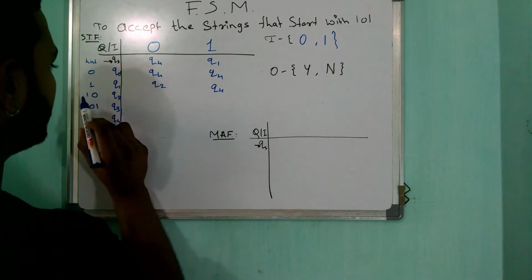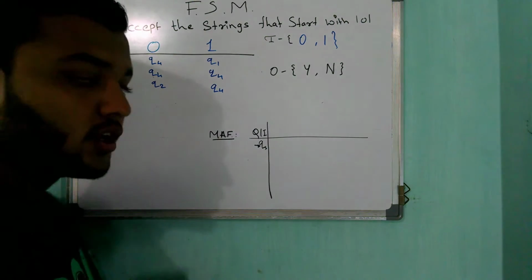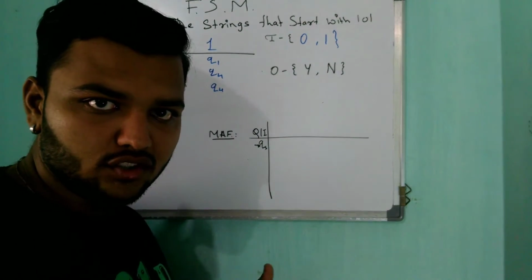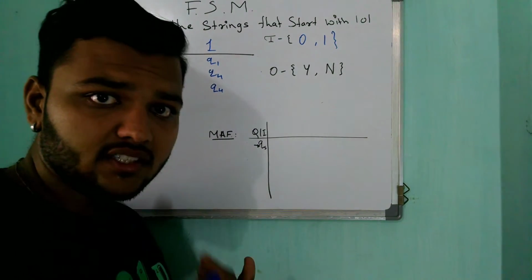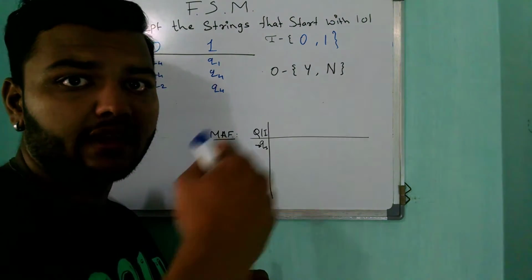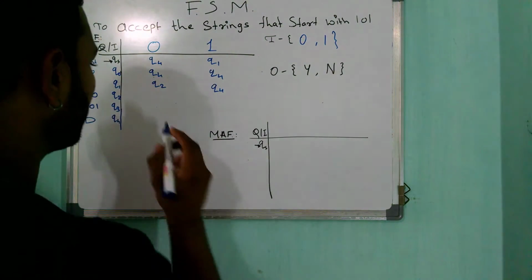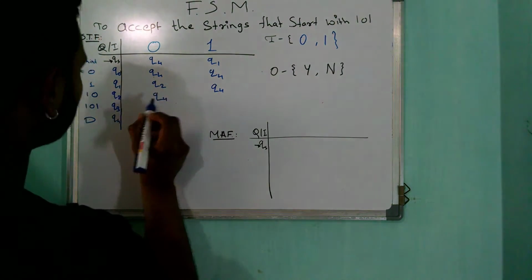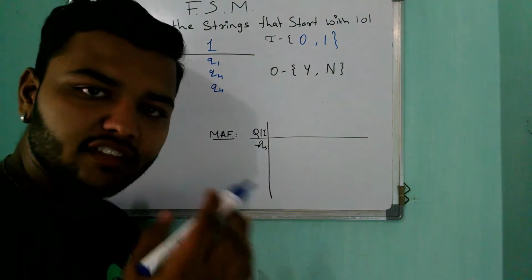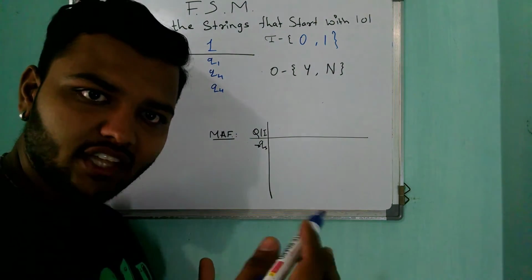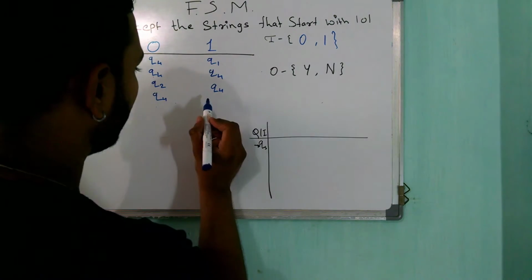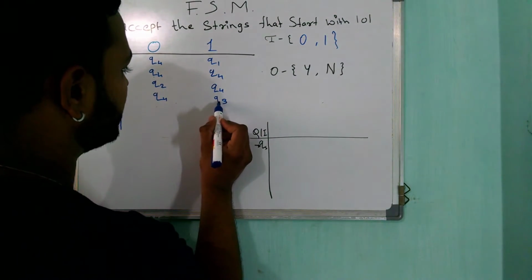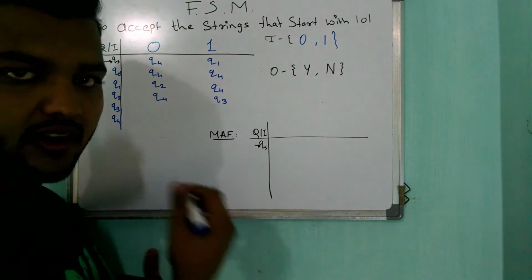Next, at the start there is 1, 0 and again 0 comes. We don't want that because we want 1, 0 and then 1, so we go to Q4, the dead state. Then if at the start there is 1, 0 and another 1 comes, our input is accepted, so we write Q3 because there 101 is written.